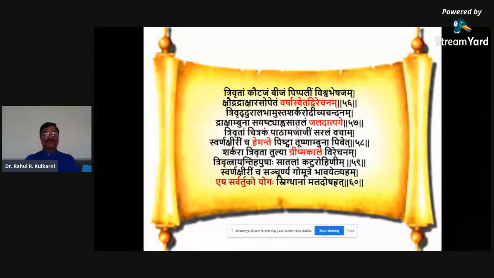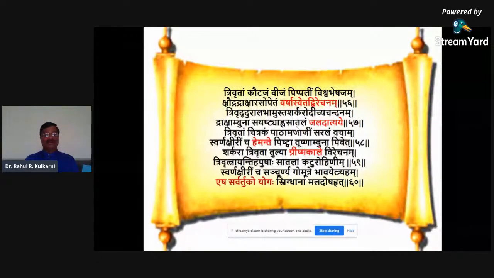Sharkara Trivruta Tulyaha, Sharkara and Trivrut in equal quantity, Grishma Kale Virechana. Very simple. The Trivrut Churna with equal quantity of Sharkara is best useful in Grishma Rutu.